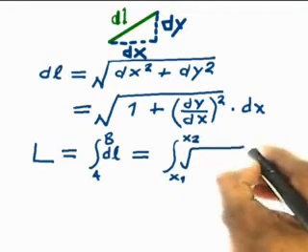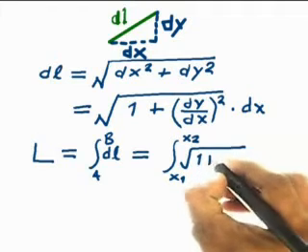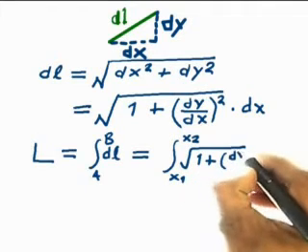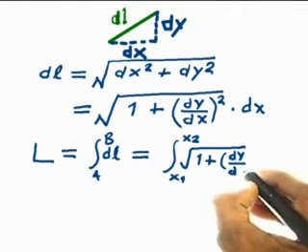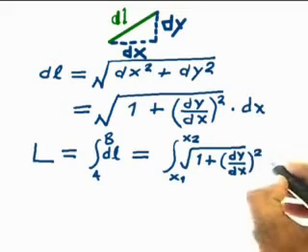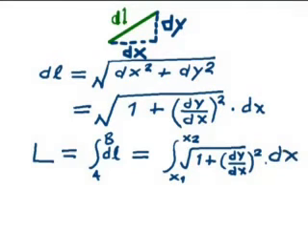If we integrate this dl, or root of 1 plus (dy by dx) square, with respect to x, then we can get the entire length of the curve from A to B.